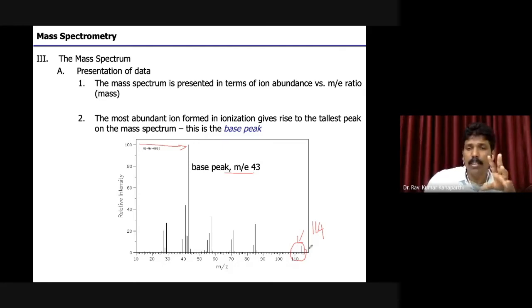But most likely the one at the extreme end, except the isotope peaks, is your molecular ion peak. That is the quantity you can immediately take and interpret into the molecular structure.